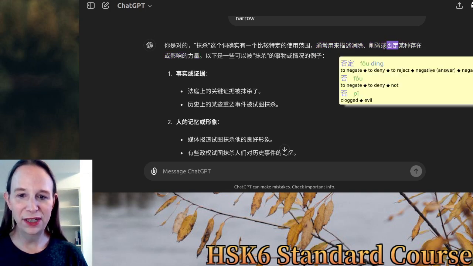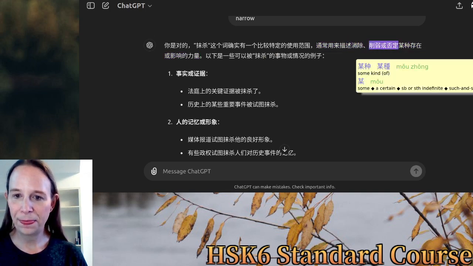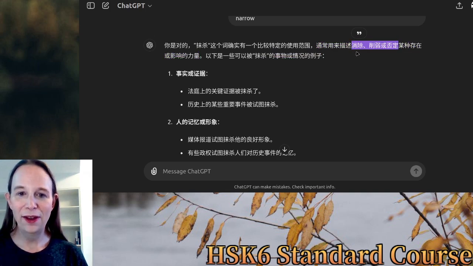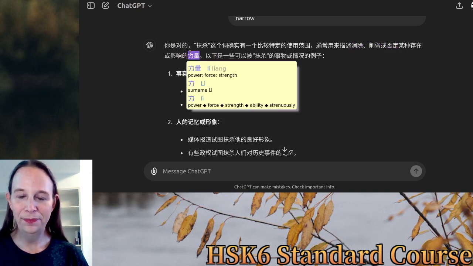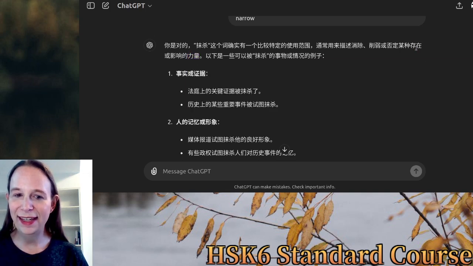So weaken or deny. No, these come together. So cancel out, weaken or deny some kind of existence or influence, some kind of 力量, the power of the existence or influence of something.